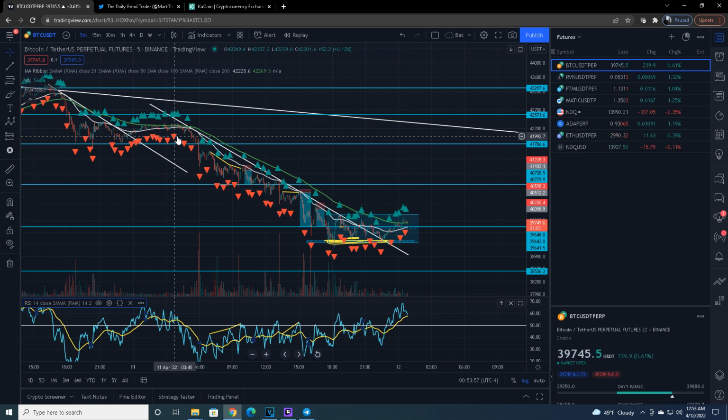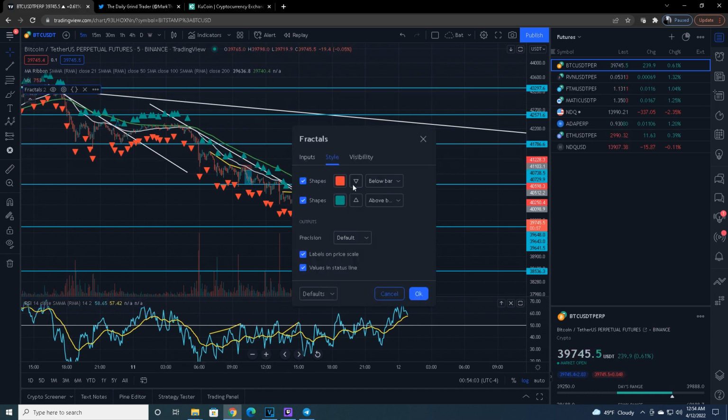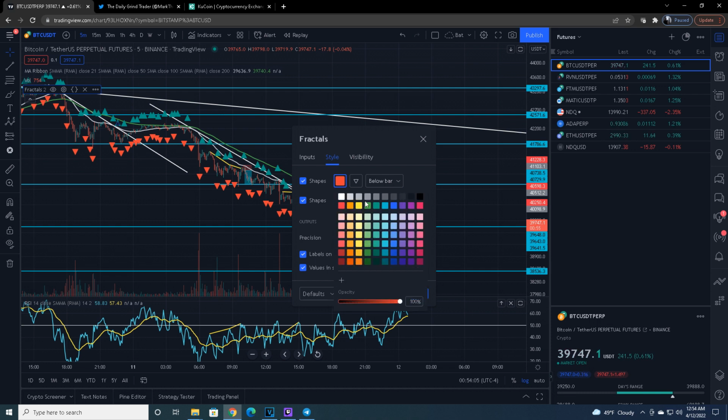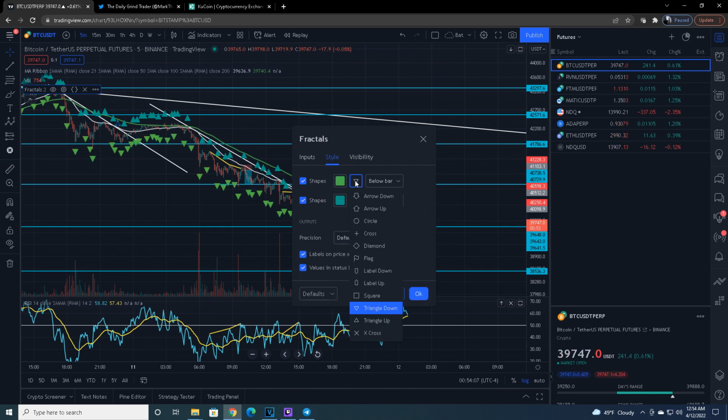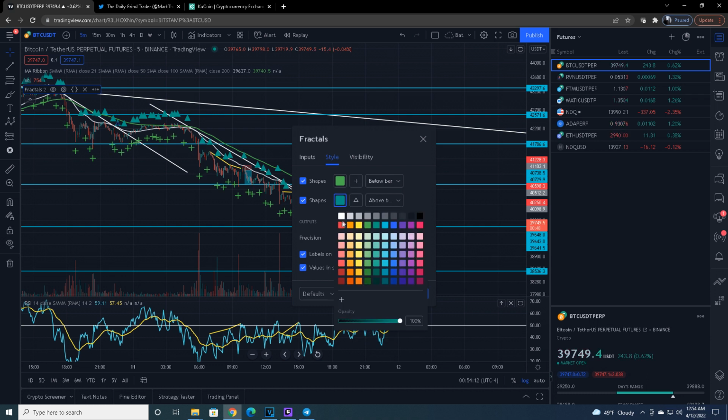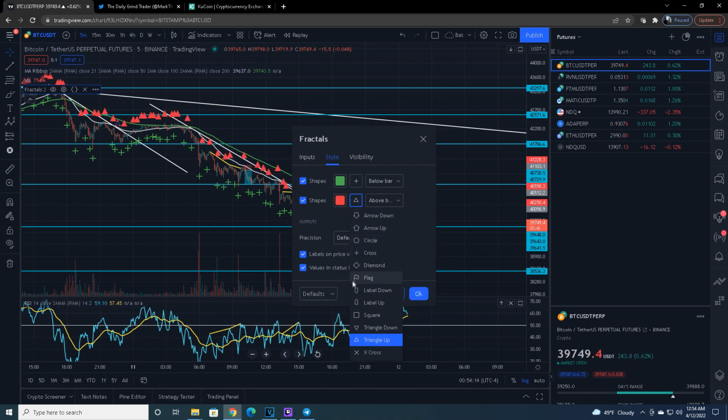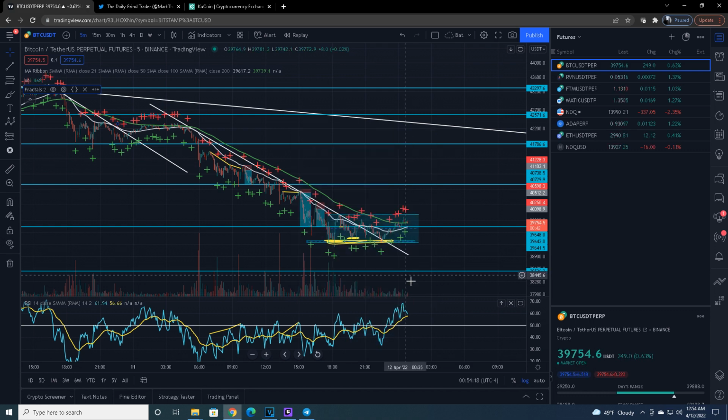So red to me is sell, green to me is buy. So I flip the fractals and I change the design to make them a little bit less jarring. So I'm going to go green for below, and I like to do little crosses and do red above, and again little crosses on the shape. Just to me, it's a little bit less jarring on the screen.